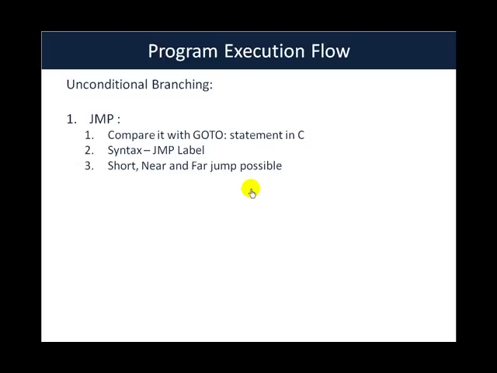An important point to understand is that there are three kinds of jumps possible: short, near, and far jump. Short jump is basically plus minus 128 bytes from the current location in the instruction region. Far is basically when you want to jump to a different segment whenever you are in a segmented memory model.